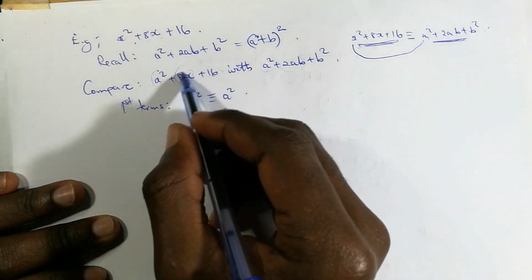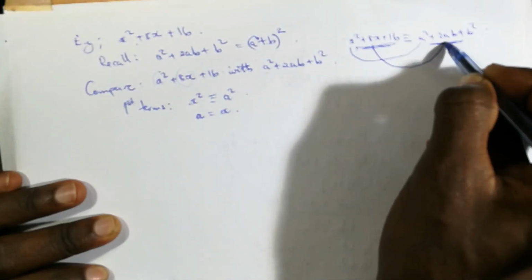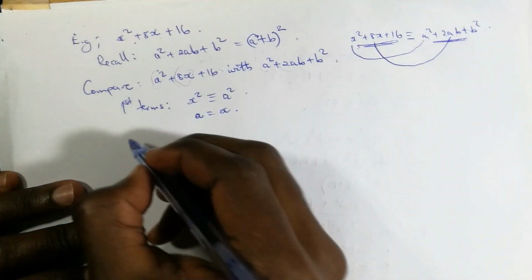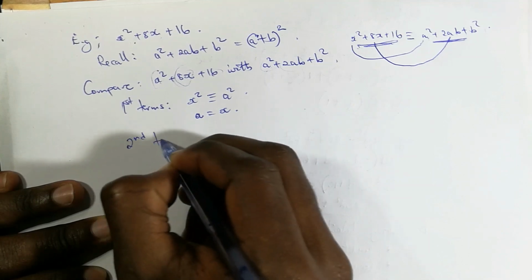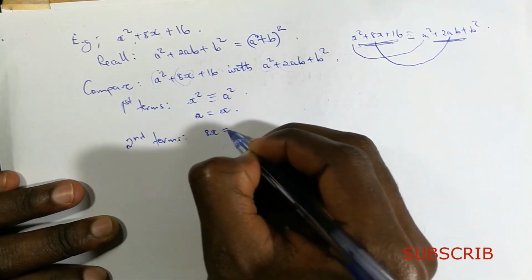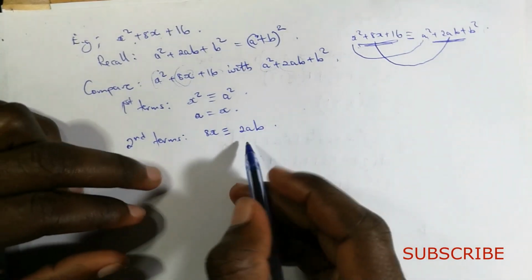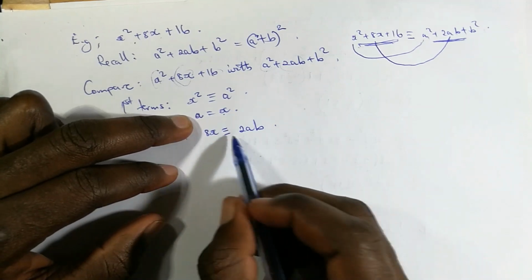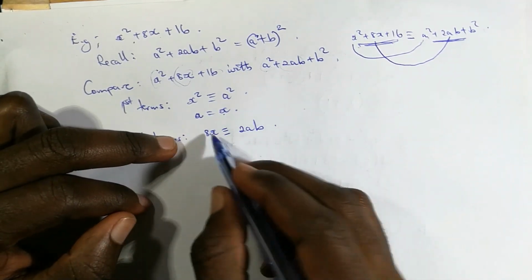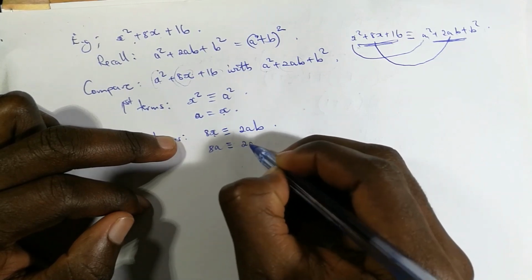Now let's check our second term, that is 8x and 2ab. We have 8x being equivalent to 2ab. Here our x gave us a already, so 8a is equivalent to 2ab.